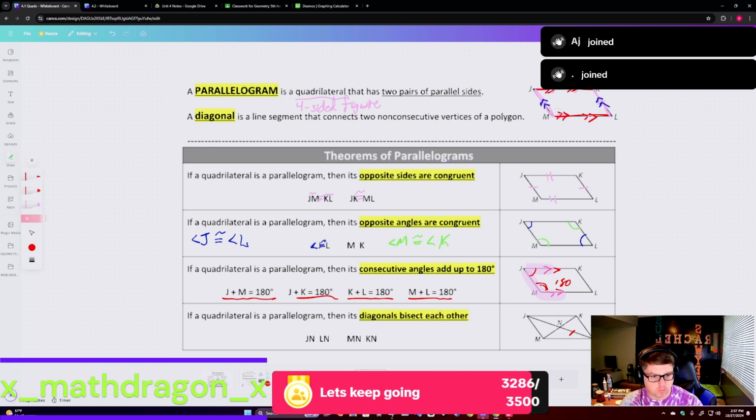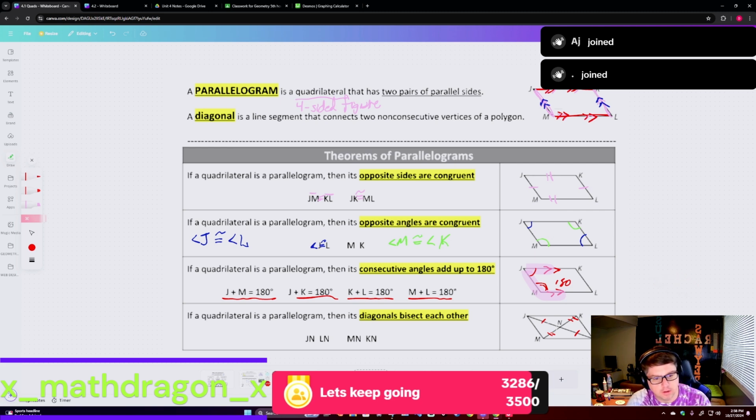And what I don't know is if this is the same length as that. So I do not know if MN and JN are the same length. Even by eyeballing it right now, it doesn't look like they're equal. That is true. And it's not until we get into a rectangle that we'll learn specifically that they are all equal. But that's not for today.